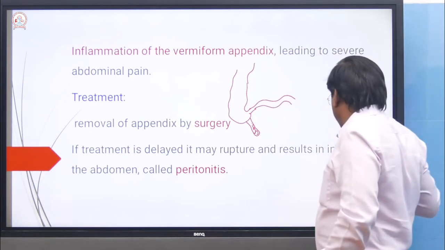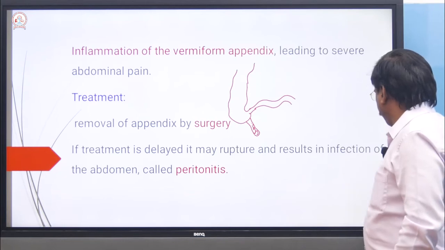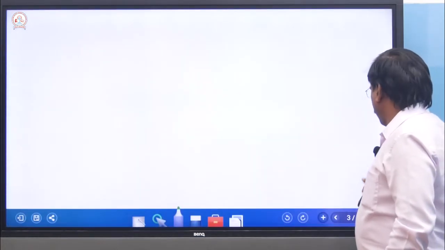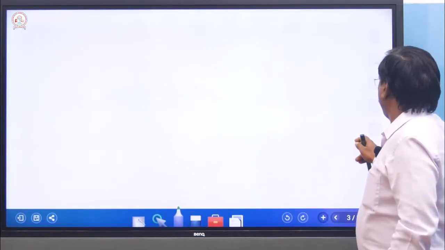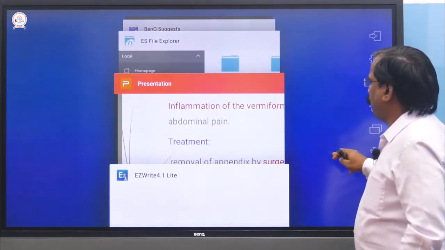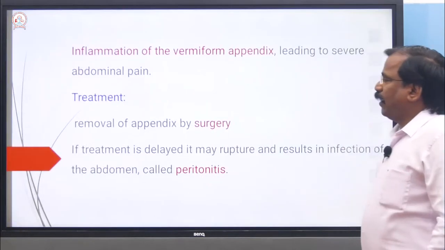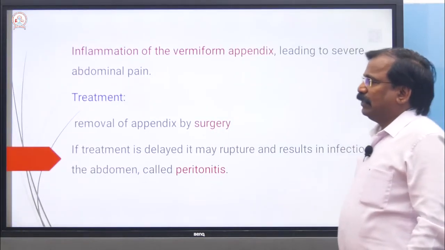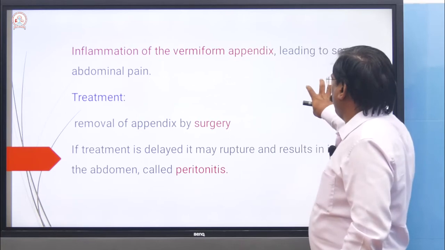What is the treatment? Sir, what is the treatment? So what is the treatment for appendicitis? Surgery.